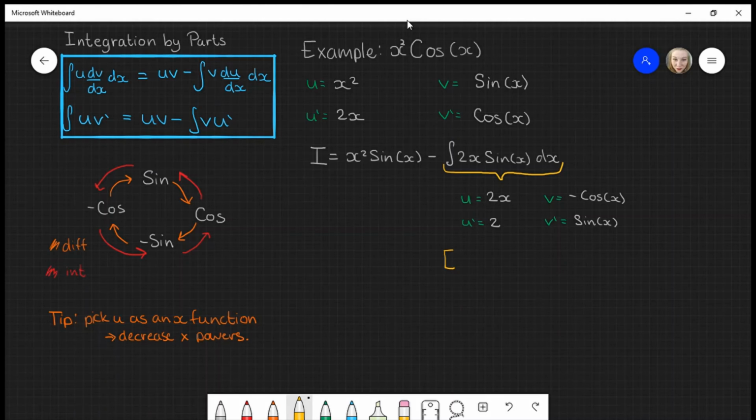All of this together, uv, which is minus 2x cos x, minus the integral of u dash v, which is minus 2 cos x. Because there's 2 minus signs there, I'm simplifying that here, so this would become plus 2 cos x.